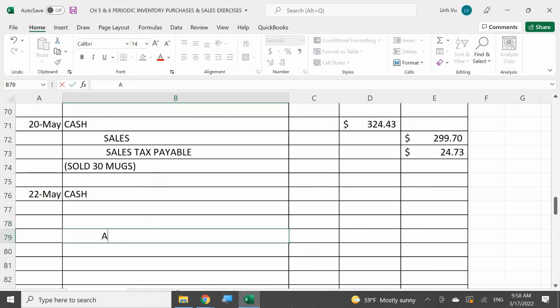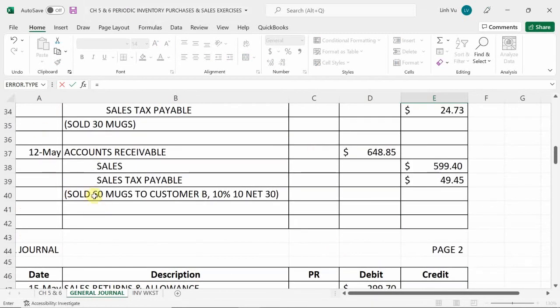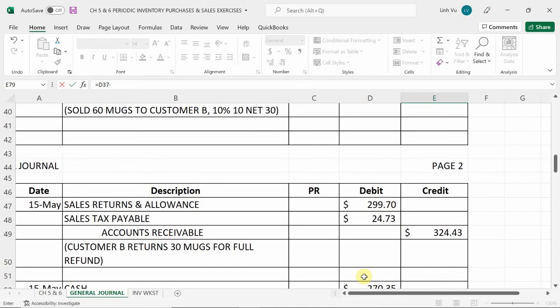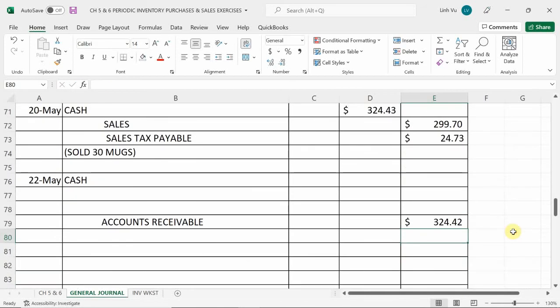If on May 12 we originally sold to him 60 mugs for a total of $648.85, but he ended up returning 30 of those mugs, giving him a refund of $324.43, so in grand total he owes me $324.42.